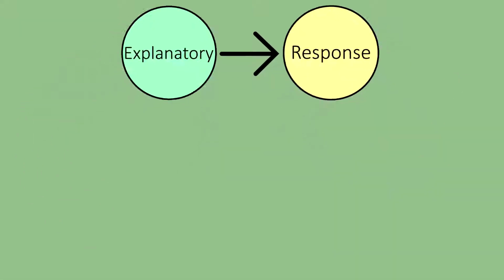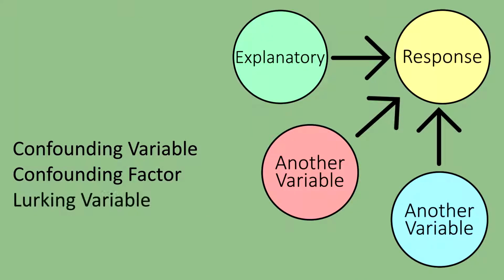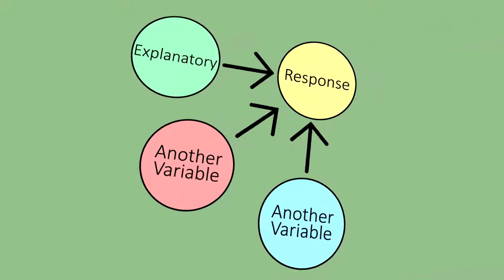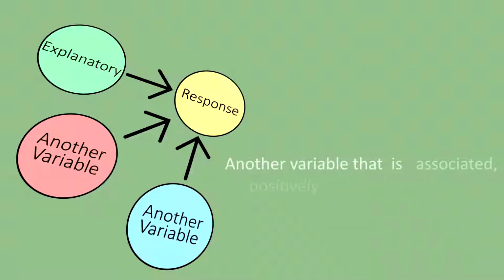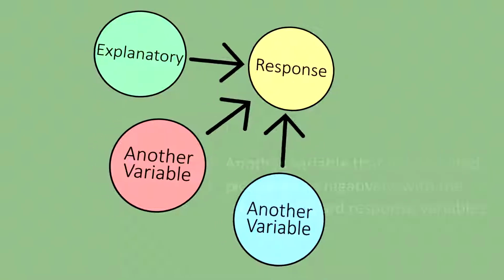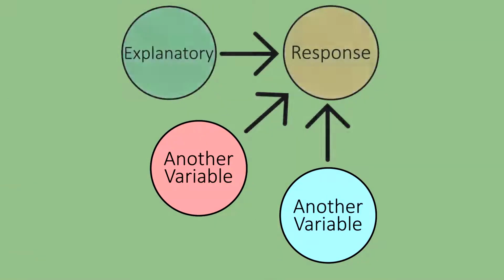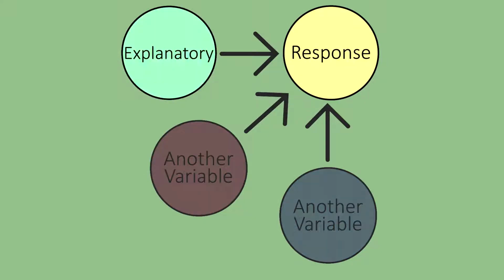In statistics, a confounding variable, also known as a confounding factor, a lurking variable, a confound, or a confounder, is an extraneous variable that is associated positively or negatively with both the explanatory variable and response variable. We need to control for these factors to avoid incorrectly believing that the response variable is associated with the explanatory variable.